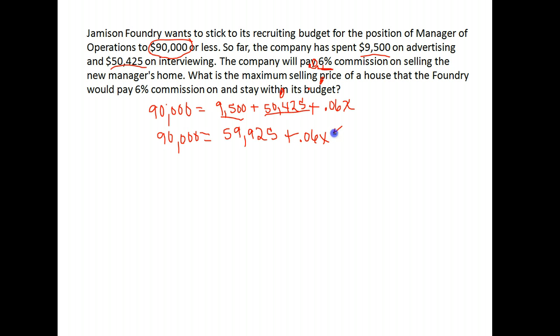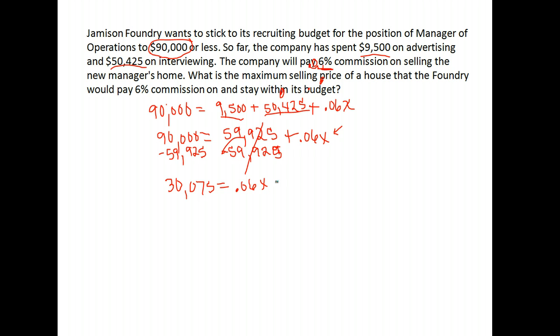Again, we're trying to solve for x, so we need to move everything to the other side. We start by moving the $59,925 by subtracting it from both sides. And we're left with $30,075 equals 0.06x.